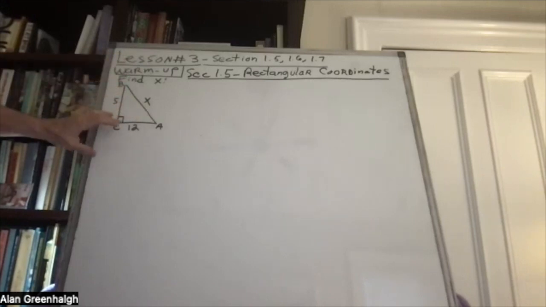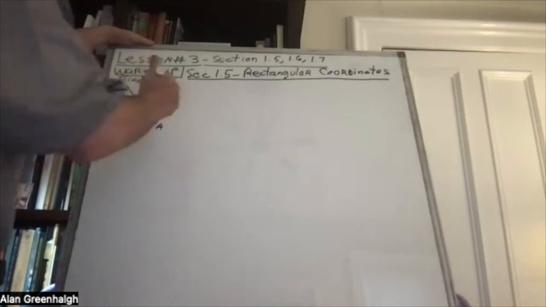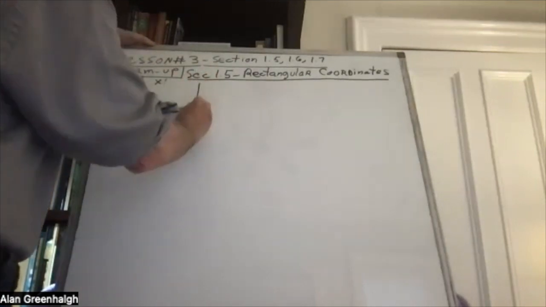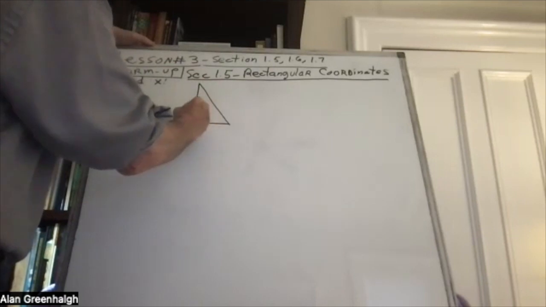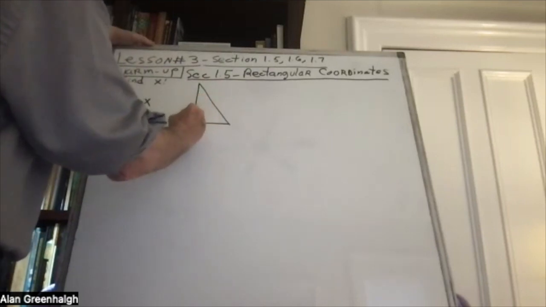If you know it's a right triangle, this tells you a lot of things. It tells you that this is a 90-degree angle.